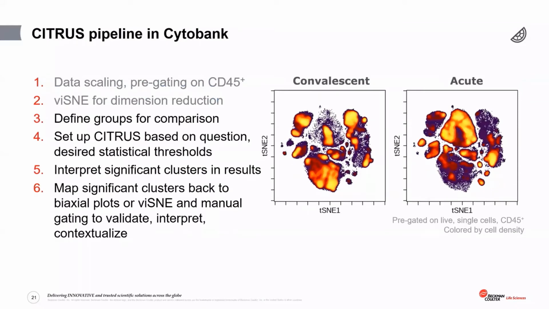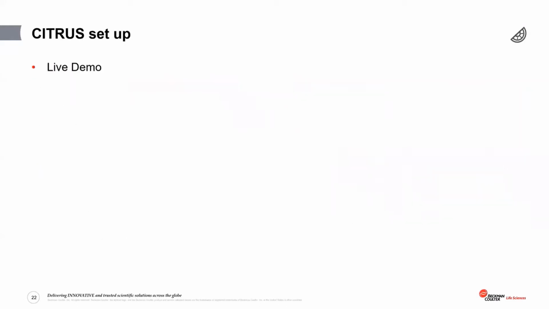So referring back to our workflow, we need to first define the groups for comparison, which are convalescent and acute time points. Then we'll set up our citrus run and interpret the results. So let's take a look into Cytobank. We'll set up a citrus run on abundance, and then we'll look at some results from the predictive model PAM.